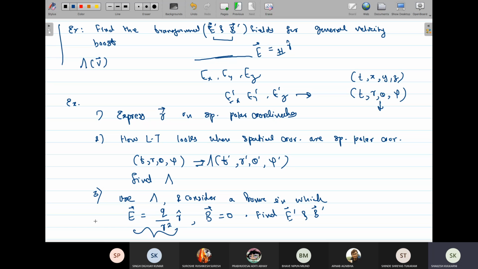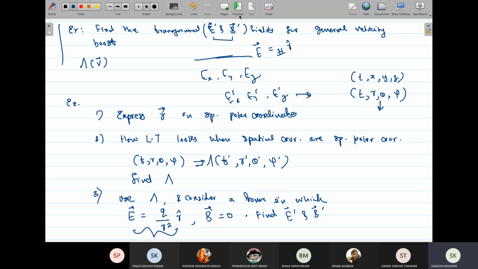Good. So now we know the dynamics of a relativistic point particle in an electromagnetic field. We also know how to write the electromagnetic field in a covariant way. We also know how to express the equations which govern the dynamics of the electromagnetic field. Those are Maxwell's equations. How to write those Maxwell's equations in a covariant way, that also we know.